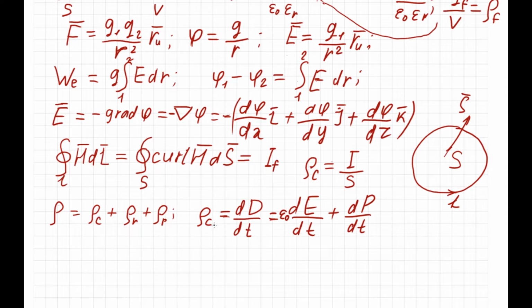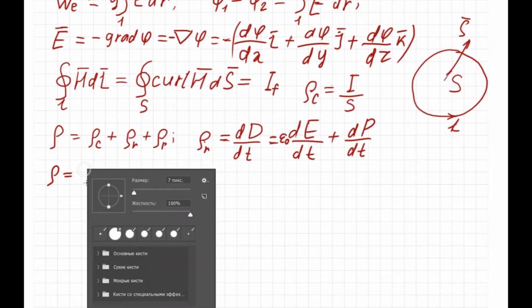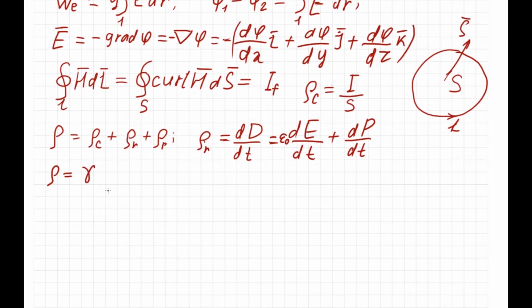It is the density of the replacement current, with subindex R. The next formula is for the conductivity current: rho equals the Greek letter gamma times E.